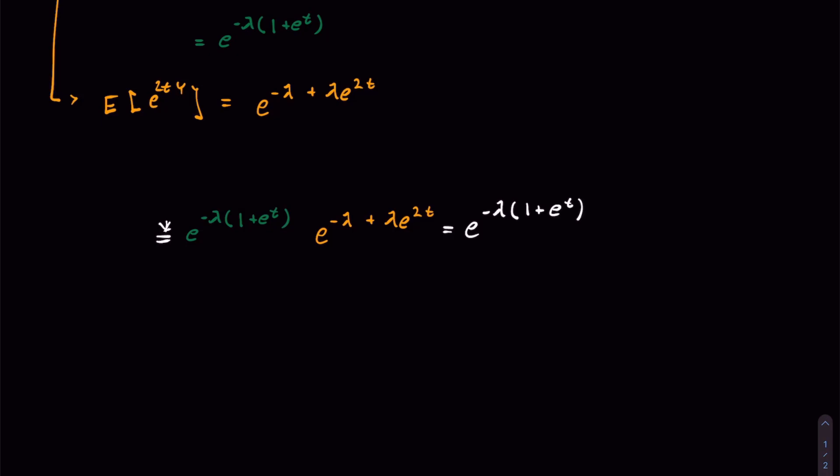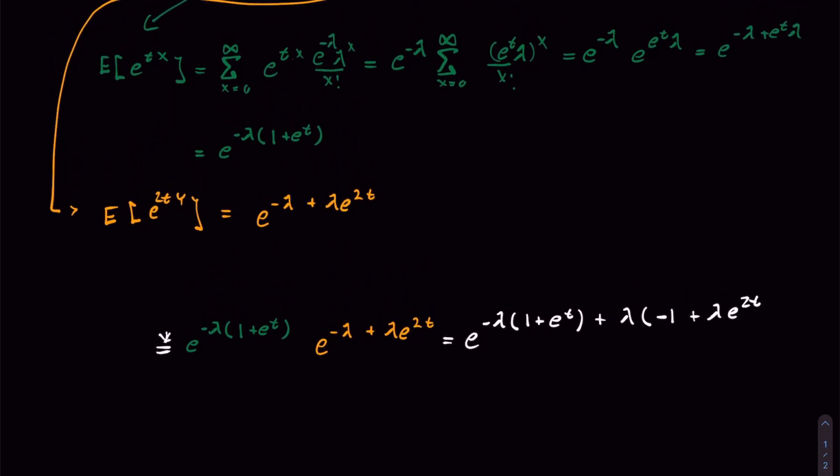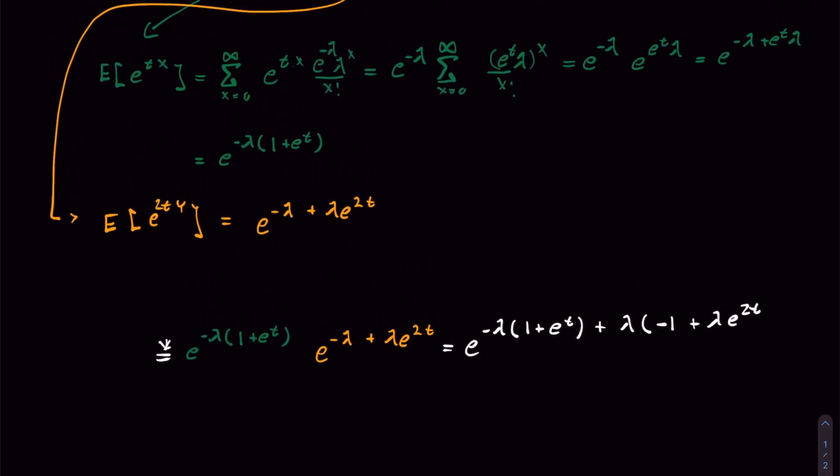and then we have another addition here. Let's also factorize this. So we get lambda, minus 1, plus lambda e to the 2t. I realize I made one little error here. Let's go back.